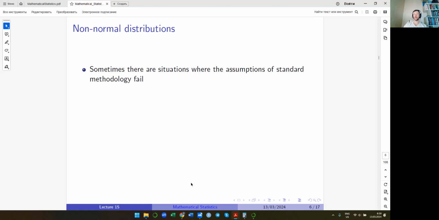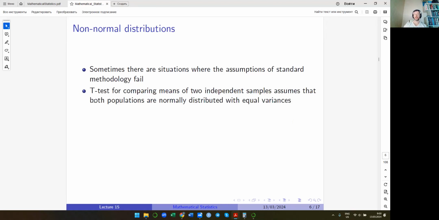Another case when non-parametric statistics is needed is non-normal distributions. The standard methodology fails when the underlying assumption of a normal distribution of the population variable fails. For example, the t-test is based on the assumption that populations are normally distributed and they have equal variances.